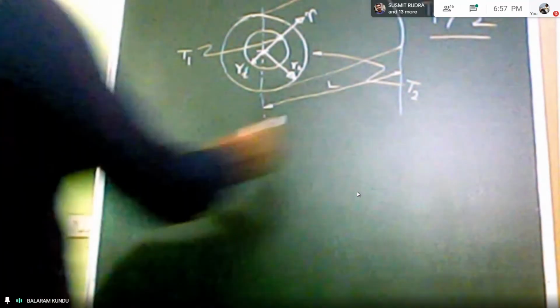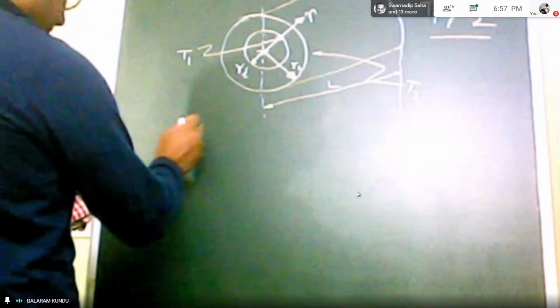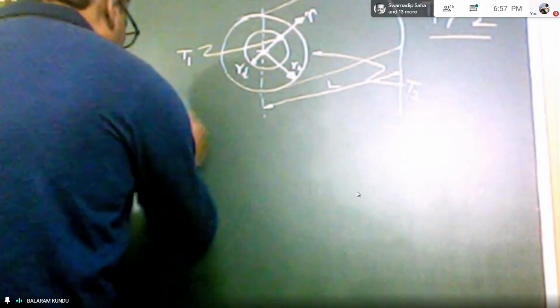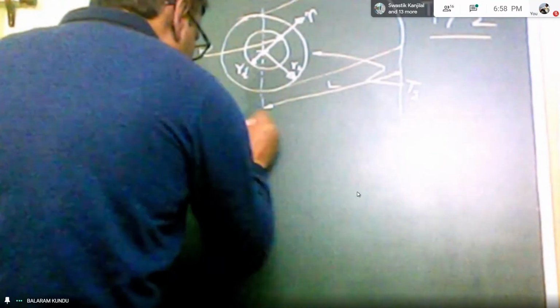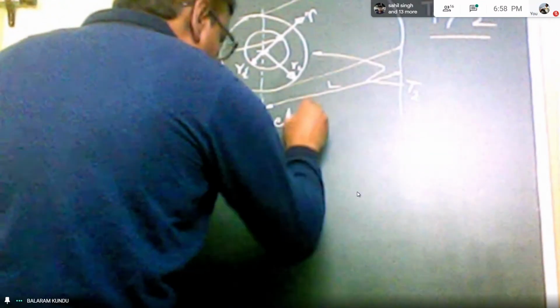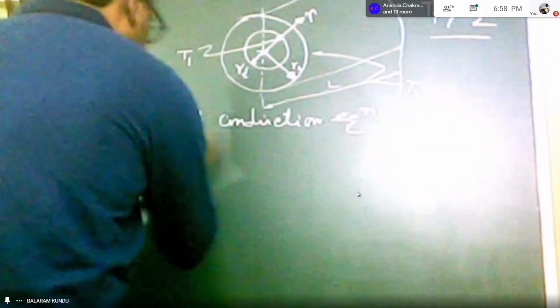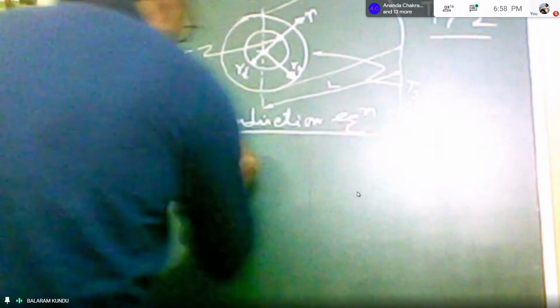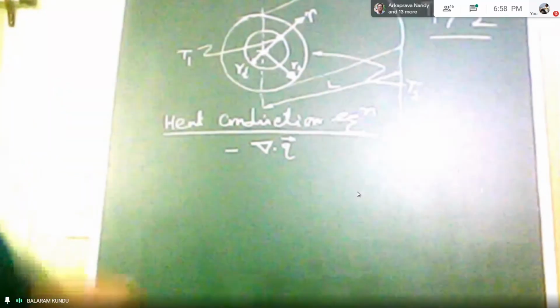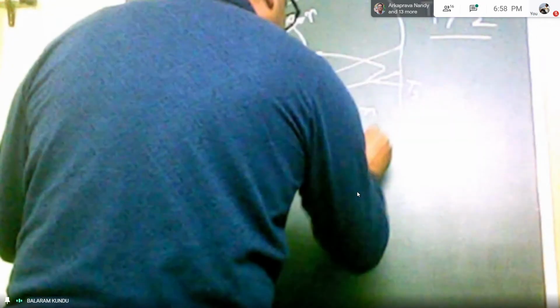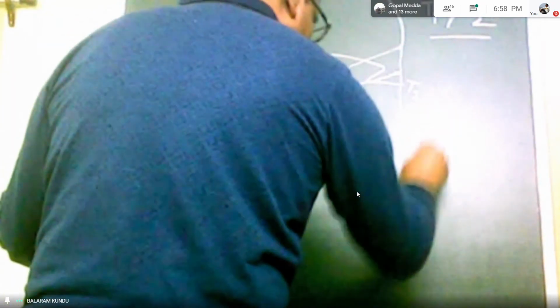From the general expression, it is possible to write the heat conduction equation in vector notation. So minus grad dot q, where q is the heat flux, plus the heat generation term q dot, equals rho Cp into del T by del t.